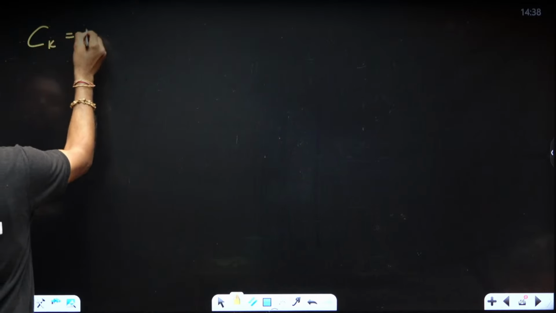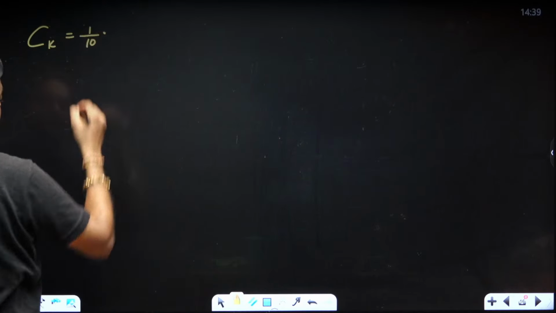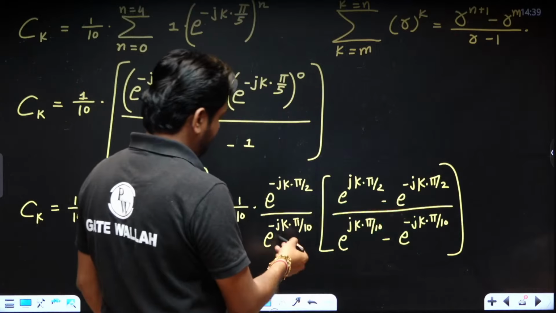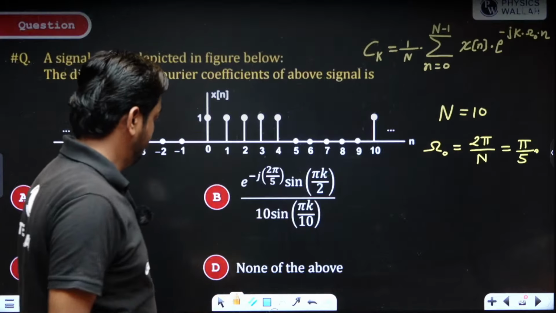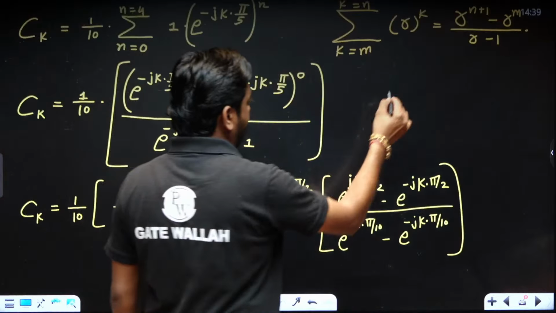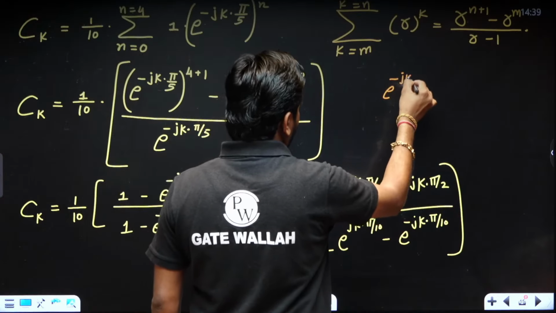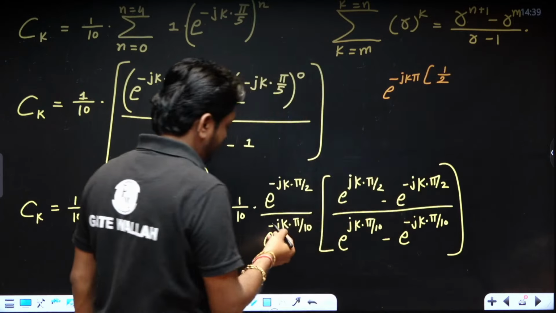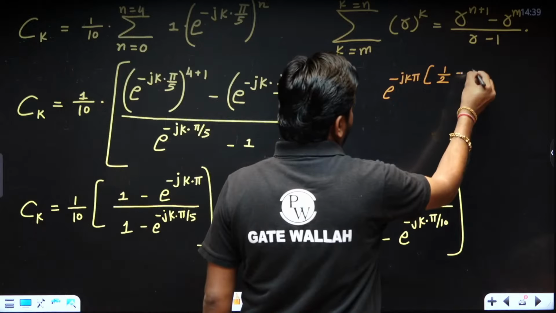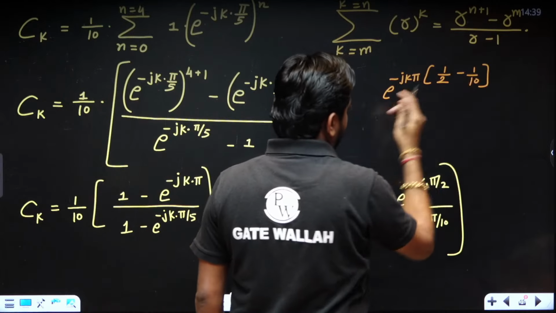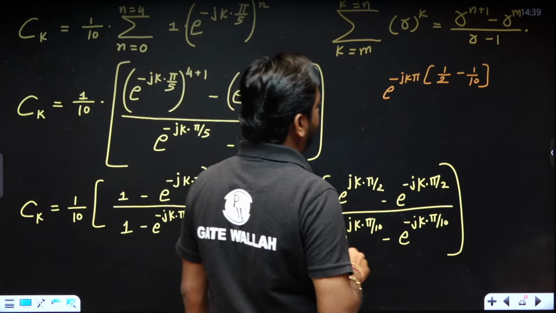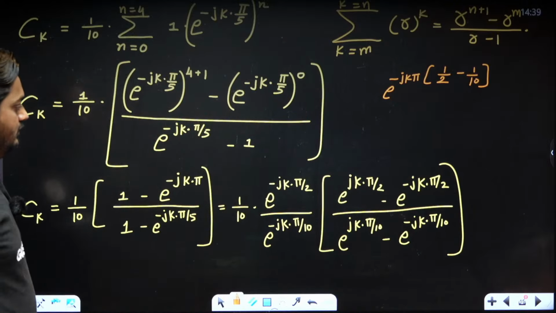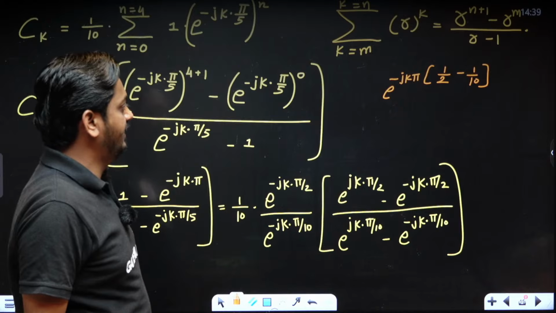So Ck is equal to 1 by 10, here in the numerator, e power minus jk is common, even pi also common. So this is 1 by 2, and in the denominator it is minus 1 by 10, guys. So it is 4 by 10, that is 5 minus 1, 1 by 2 minus 1 by 10.